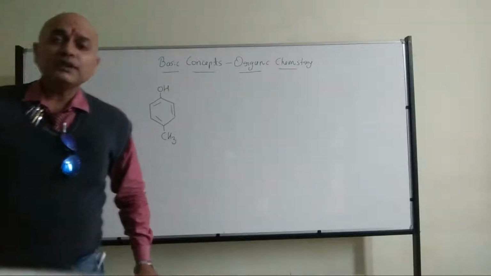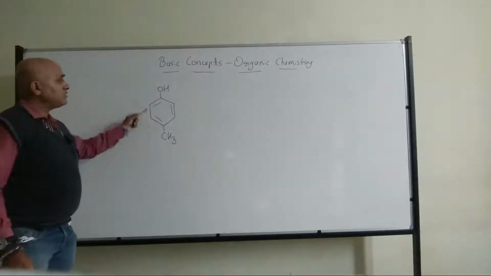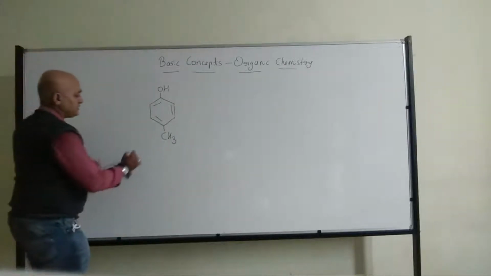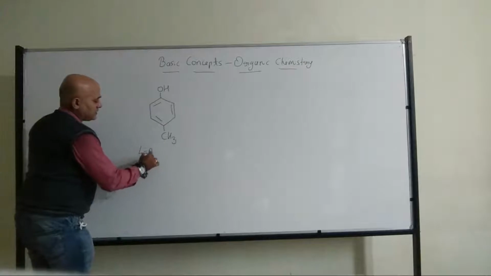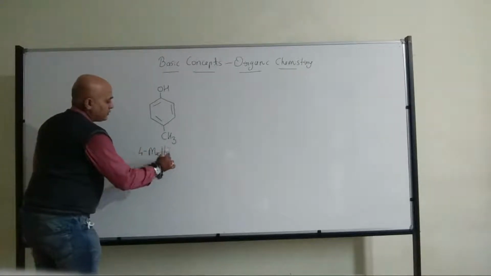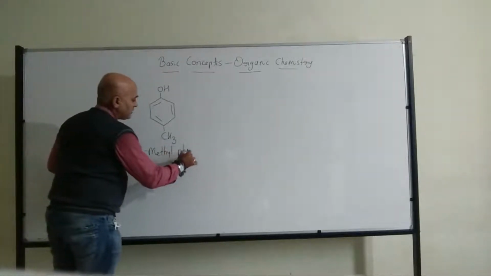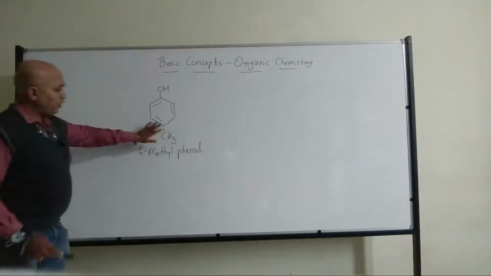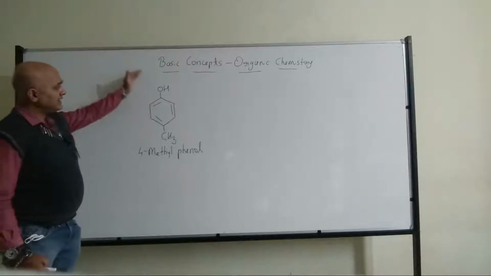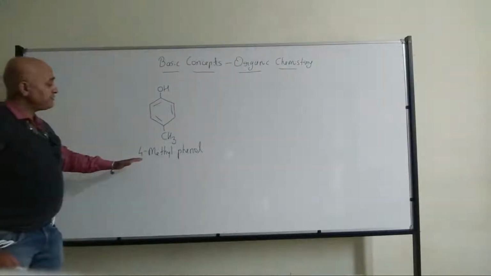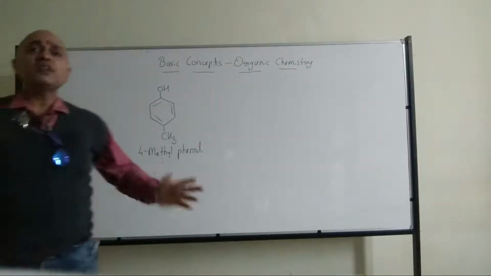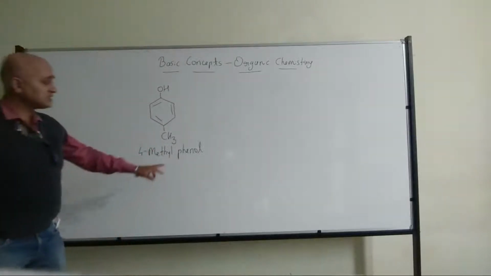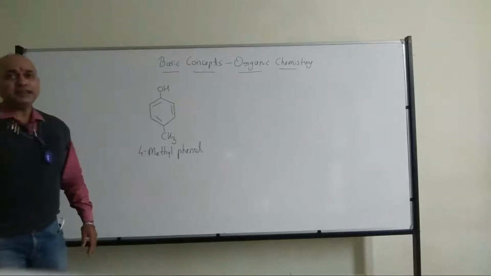So it can be called 4-methyl phenol. Or if I'm going with toluene as the parent molecule and later the OH group is attached, then we can call it 4-hydroxytoluene. But we'll consider phenol as the parent molecule.